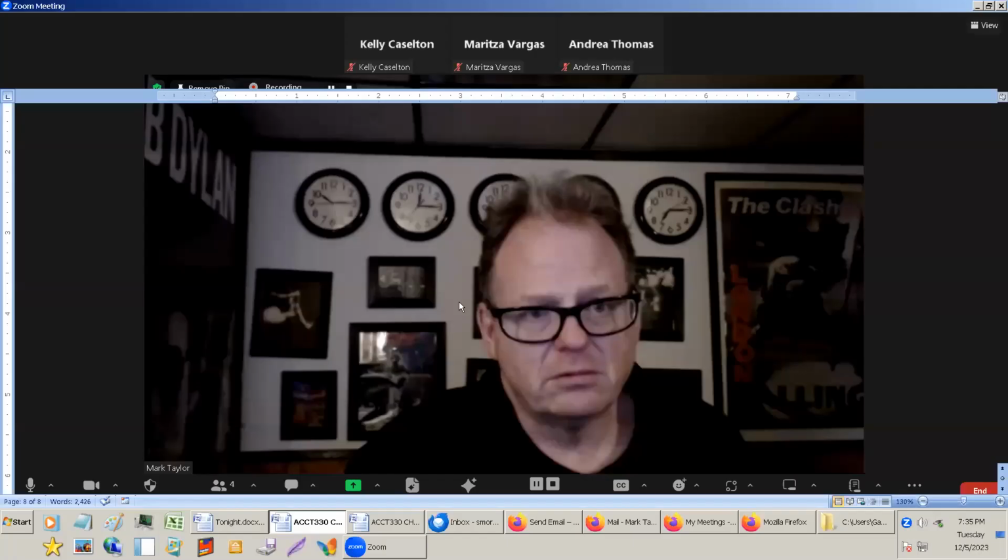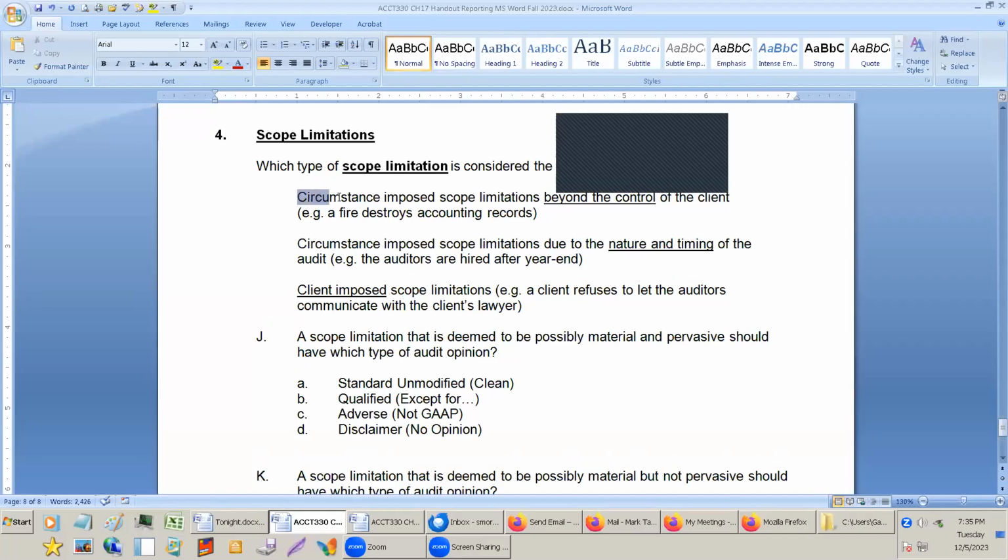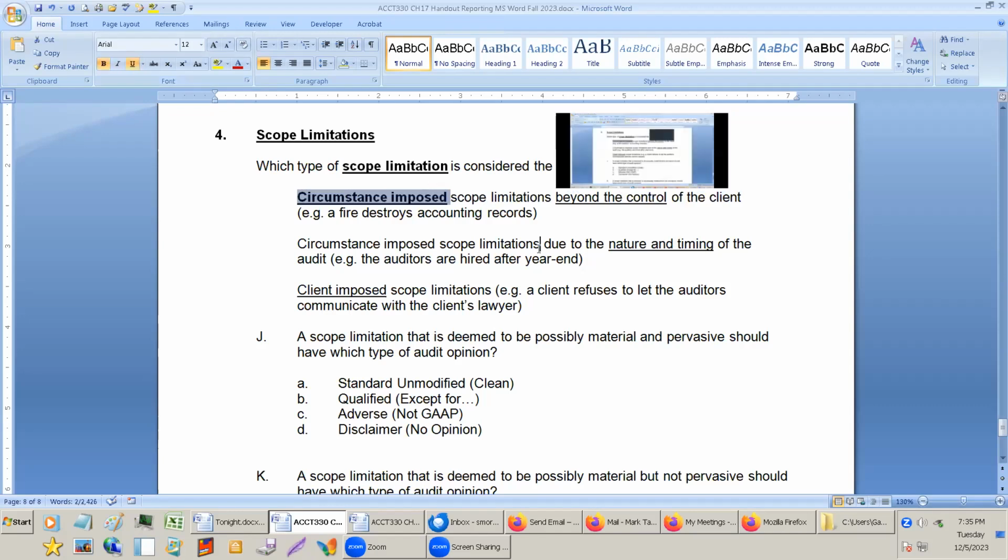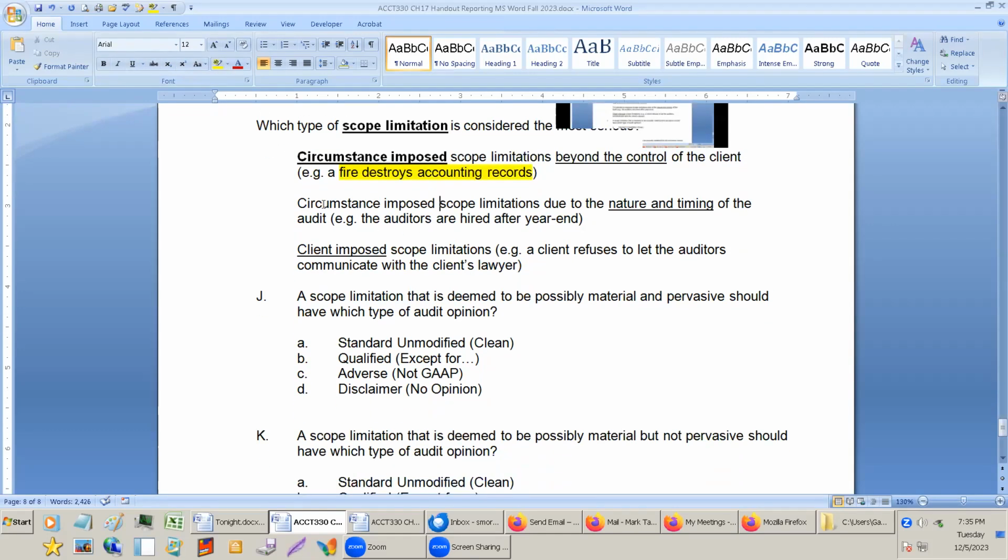And the question is, well, which ones are the more serious ones? The more serious ones are, so circumstance imposed. This is when something is beyond the client's control. Fire destroys the accounting records. This is a fairly new one.